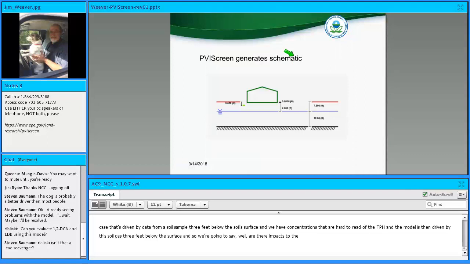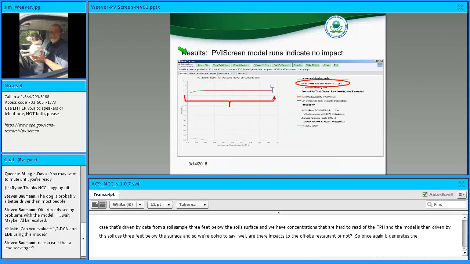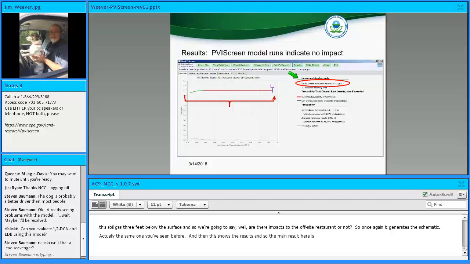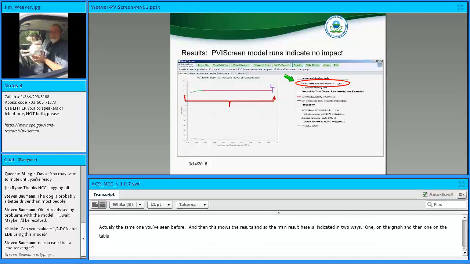So once again, it generates the schematic, actually the same one you've seen before. And then this shows the results. The main result here is indicated in 2 ways, one on the graph and then one on the table. And the table is the most direct representation of the results. What it reads is that 0% exceed the screening level of 0.5.